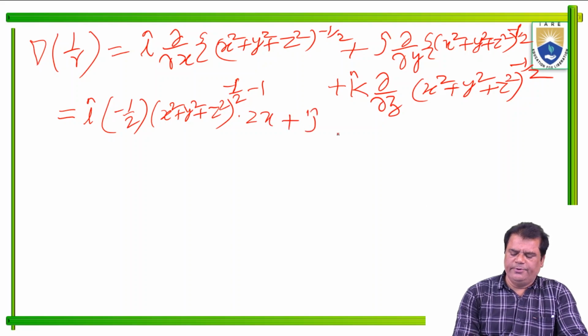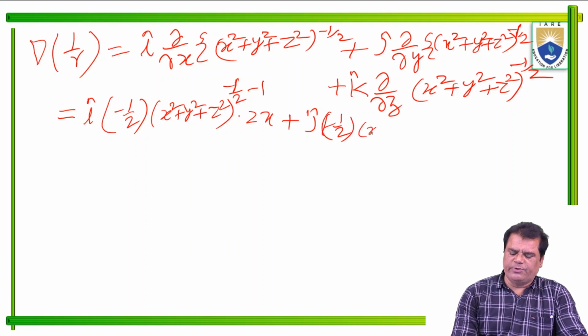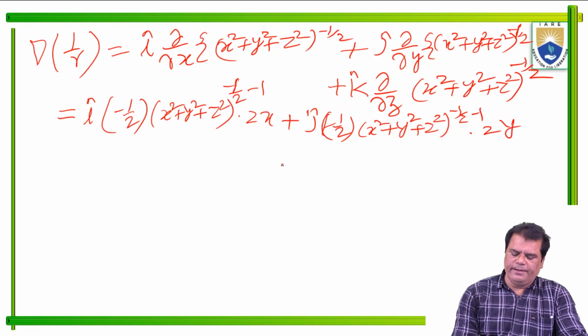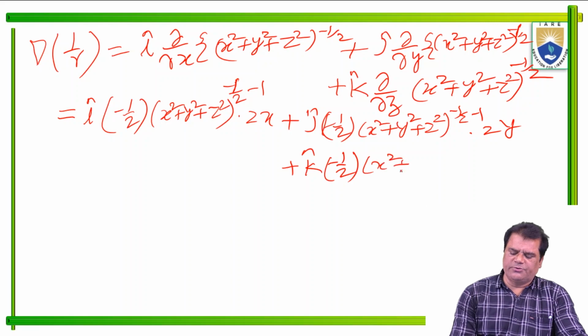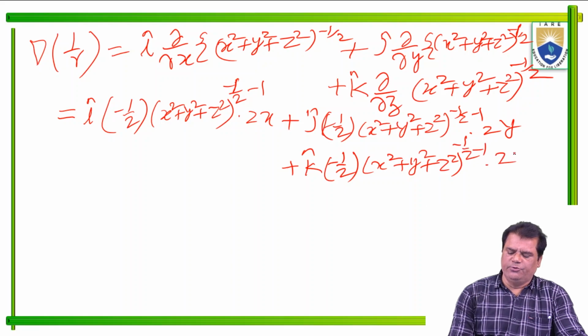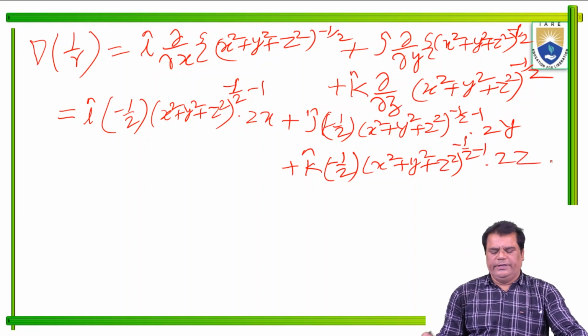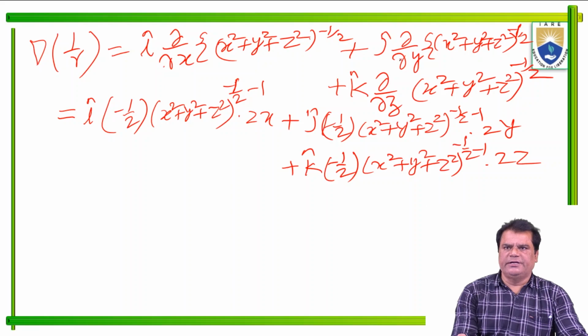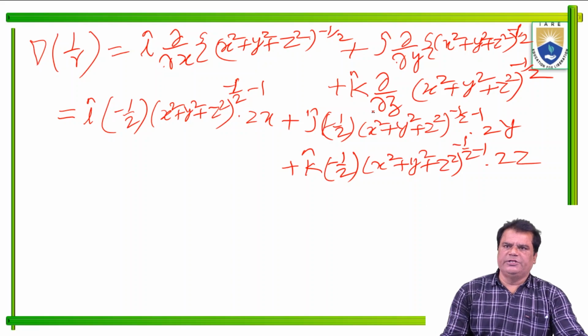Plus j cap, differentiating again, minus half (x square plus y square plus z square) to the power minus half minus 1, into 2y, and plus k cap minus half (x square plus y square plus z square) to the power minus half minus 1, into 2z. Here we differentiate the function with respect to x, in the second term with respect to y, and in the third term with respect to z.